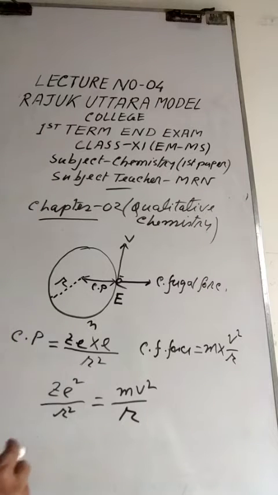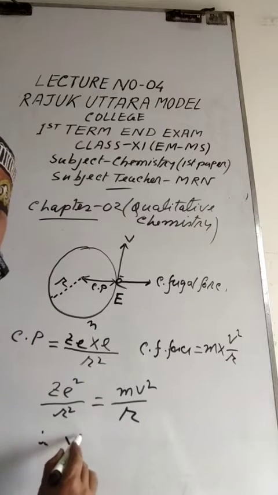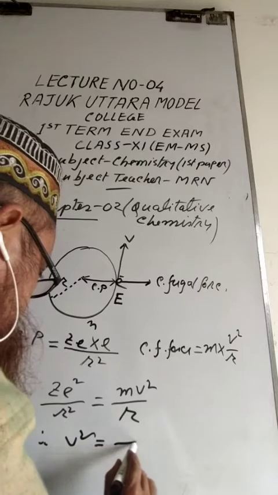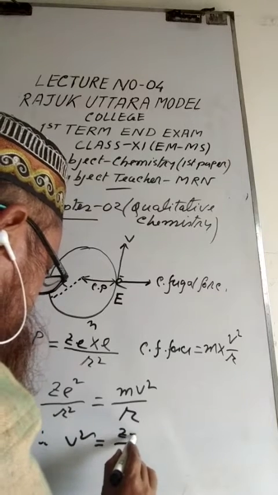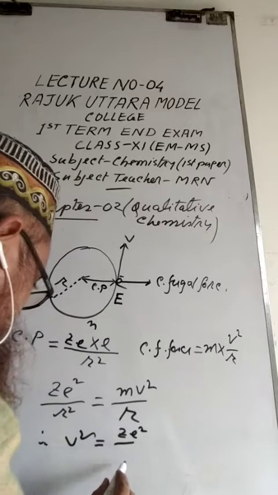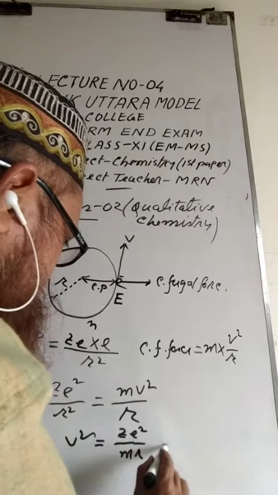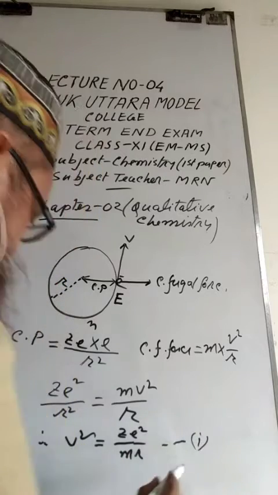That means we are getting v square equals Z square by mr. It is equation number 1.